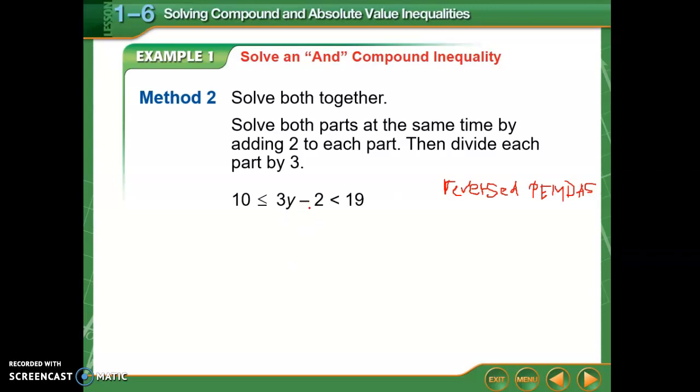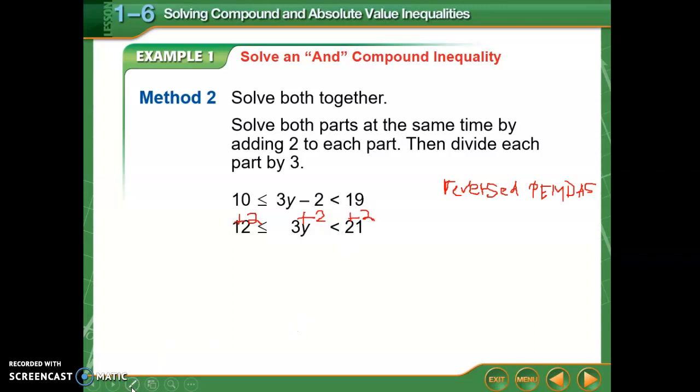So we're going to add 2 in the middle, add 2 on the right, and add 2 on the left. So you're going to do this 3 times. That will give you 10 plus 2 is 12, less than or equal to, bring down the 3y, the 2 will cancel, and then less than 19 plus 2 is 21.